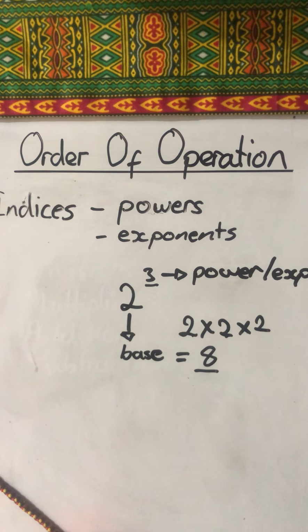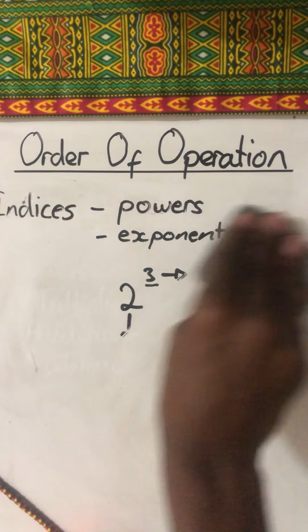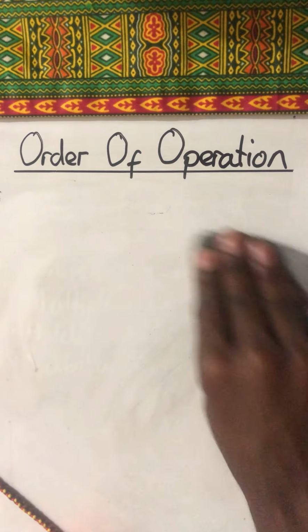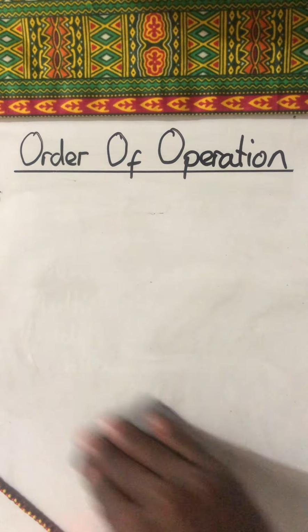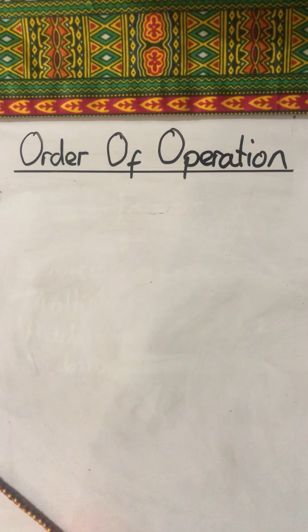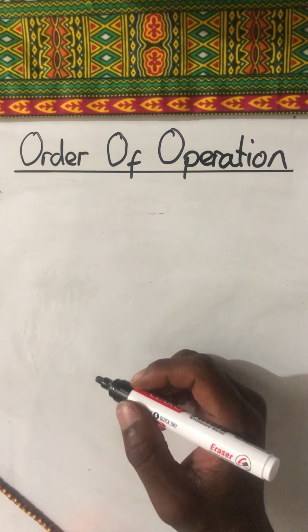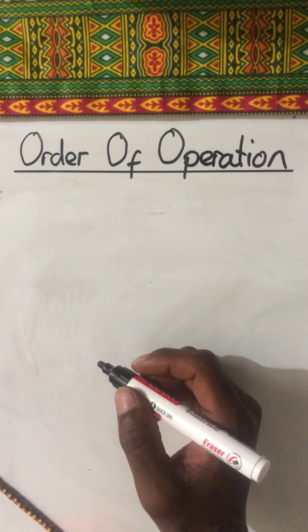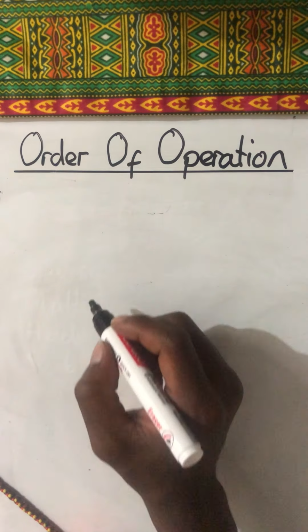Now that we've discussed indices and brackets, and I gave you a brief explanation of division and multiplication as well as addition and subtraction, we want to look at some examples. Let's look at this question.